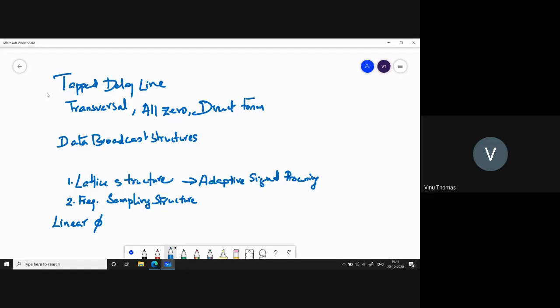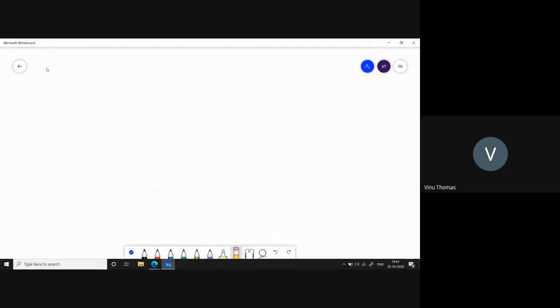The structures that we have seen till date are the direct form structure, and the second structure that we have discussed is the data broadcast structure. In today's class, we will discuss some very simple IIR filter structures, with attention to 2 structures.